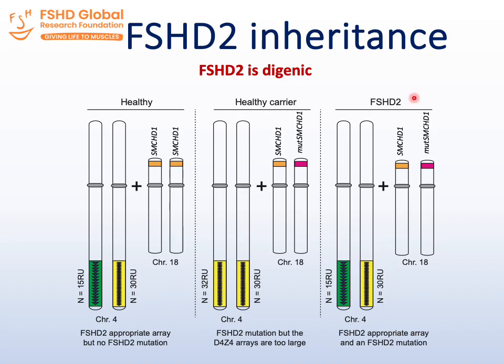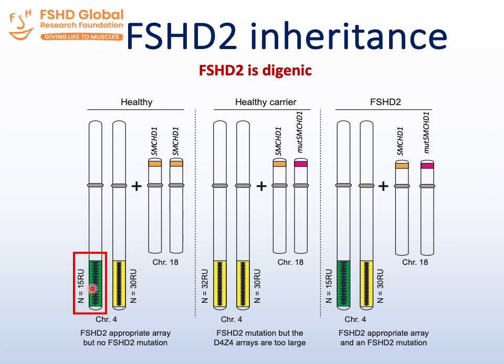Okay, so FSHD2 inheritance is a little bit different. As we mentioned, FSHD2 is digenic, so you're going to need 2 different genetic mutations in order to inherit FSHD2. A healthy individual could have a D4Z4 repeat unit.